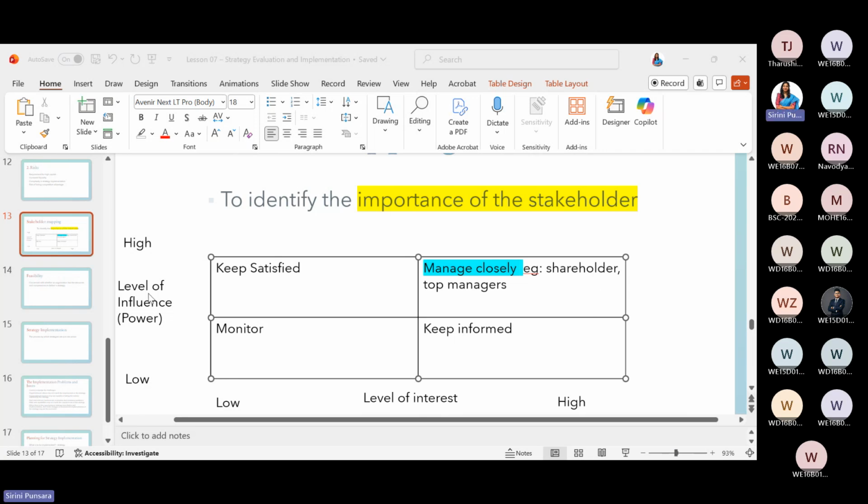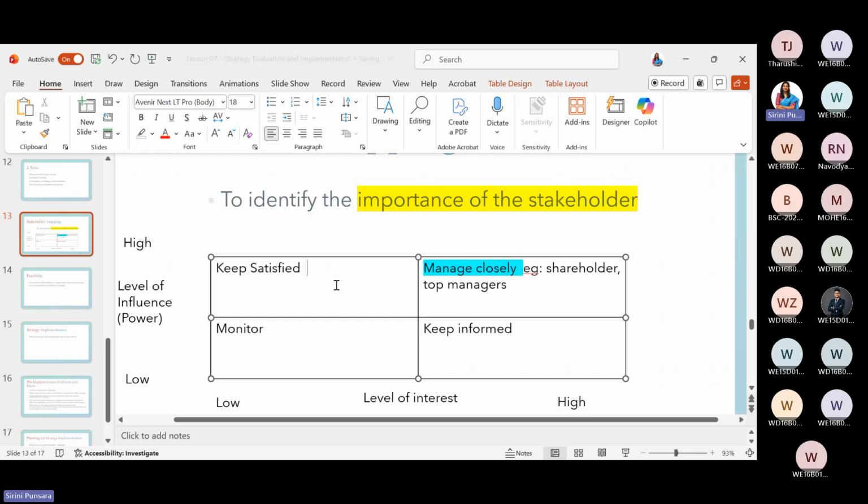Then the next one: level of influence is high, but level of interest is low. They have power and can highly influence the company, but they are not that much interested toward company activities. They have less interest. So for them, we have to keep them satisfied because they have power. Even though they are not that interested in the company, they do have power, so we have to keep them satisfied.